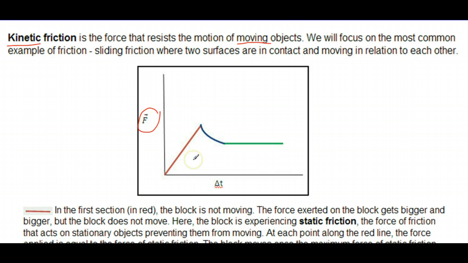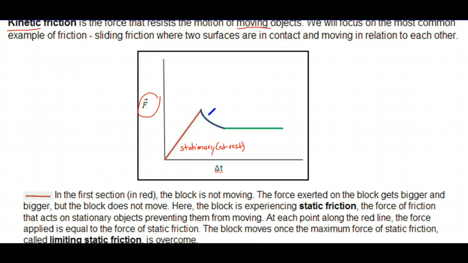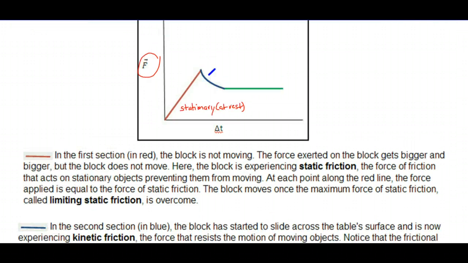So the first part of this graph, we can actually label it right on there, might make a little bit more sense. Here's what happens with a stationary object, or at rest. And the next part of the graph is, I believe, what's the wording they use here?